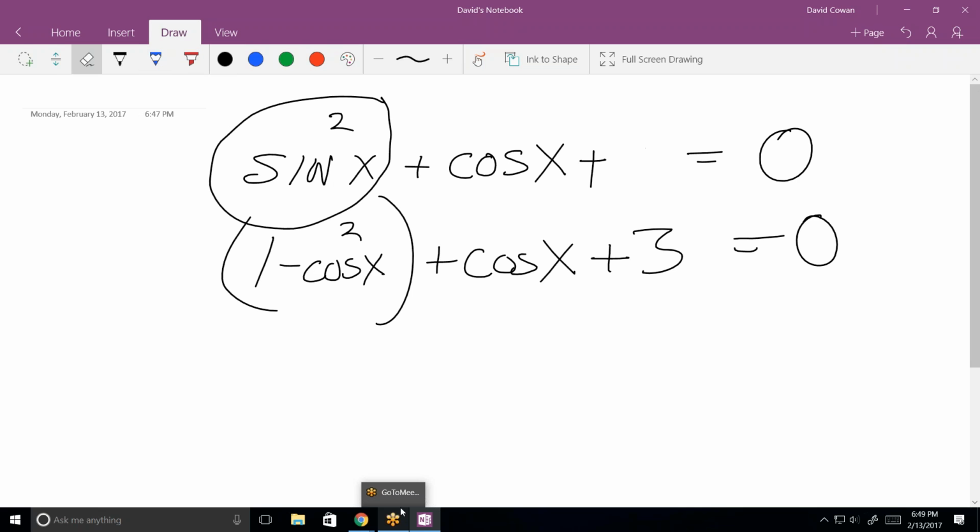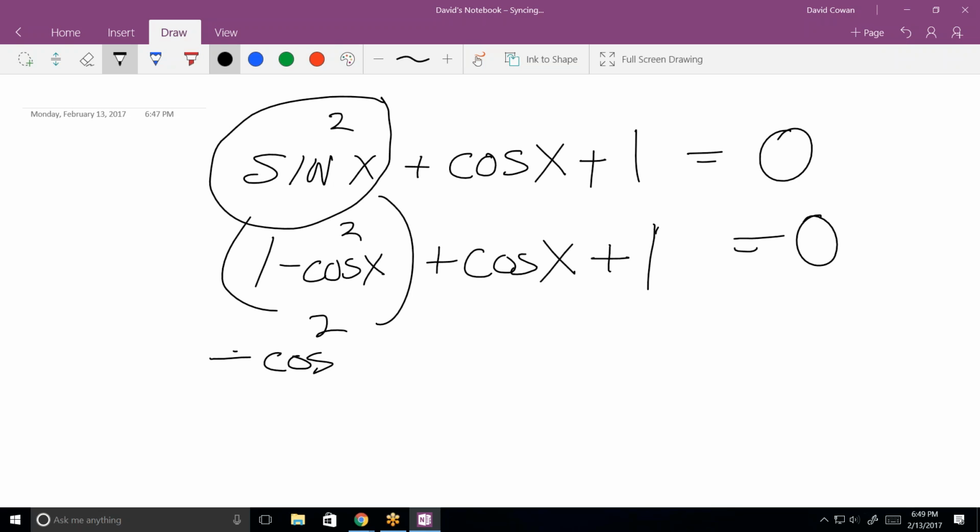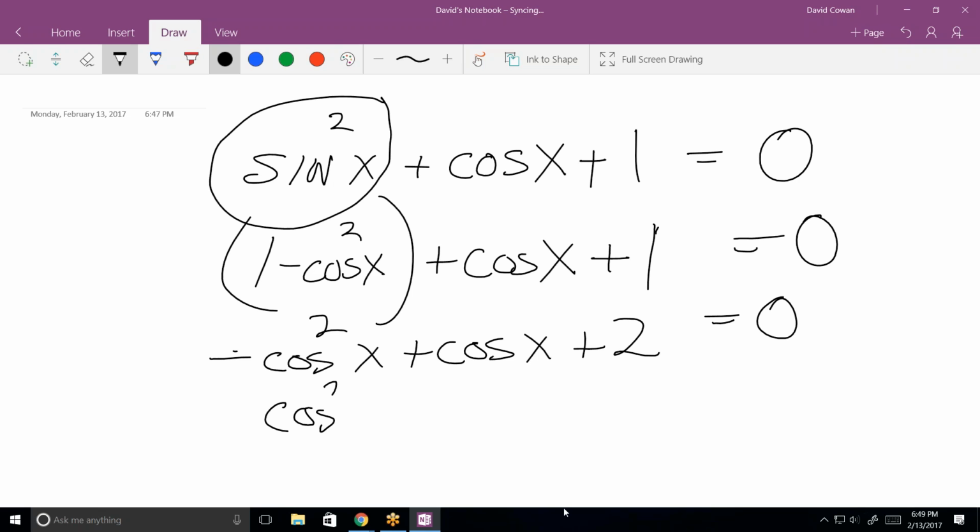Figuring them out backwards is harder than solving them. Now, if I simplify this, I get minus cosine squared of x plus cosine of x plus 2 equals 0. Divide everything by minus 1, and I get cosine squared of x minus cosine of x minus 2 equals 0.